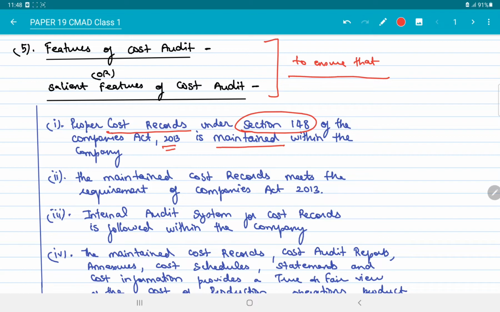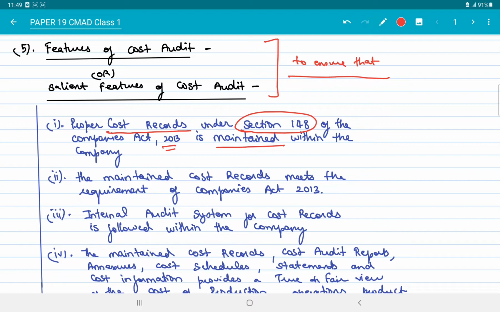So the objective was something different. Why we do the cost audit is we ensure that the cost records of the company are maintained as per section 148 of the Companies Act 2013. So we need to ensure this.